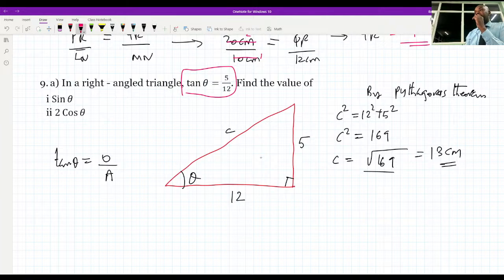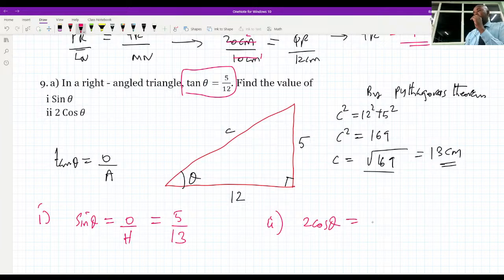Well, now coming to sine theta. By definition, sine theta is the opposite side over the hypotenuse side. So opposite is 5/13. That is Roman 1. Coming to Roman 2, 2 cosine theta.